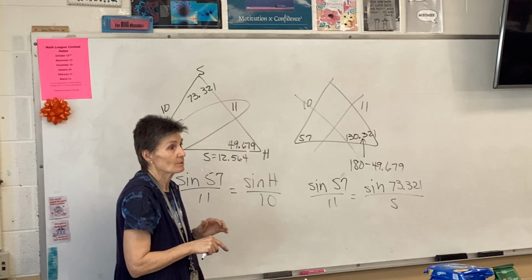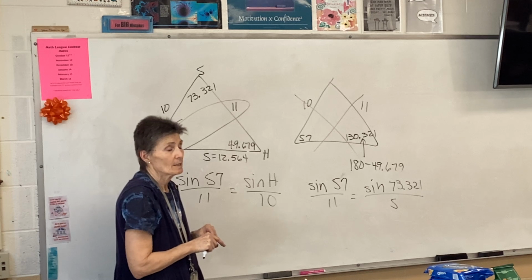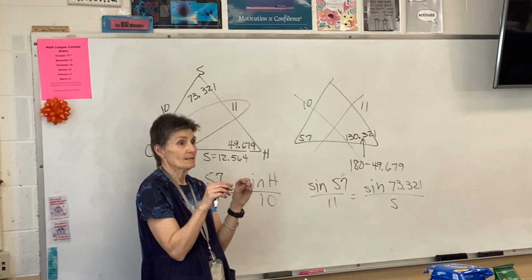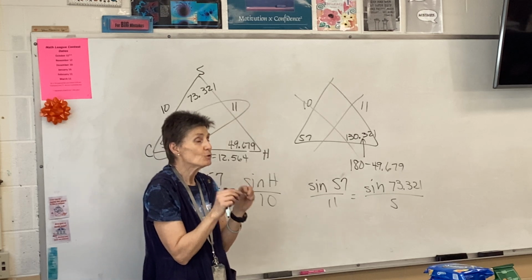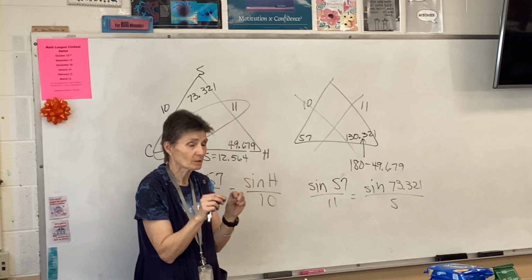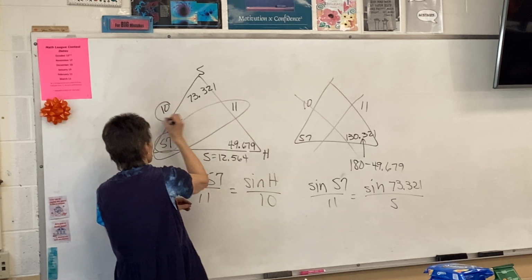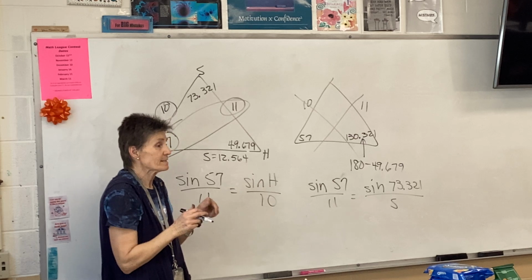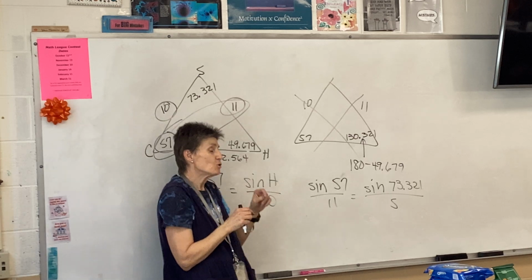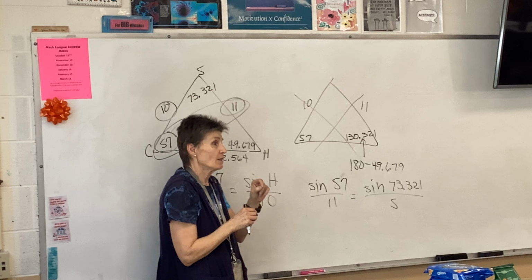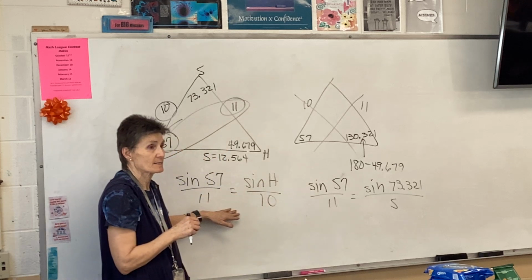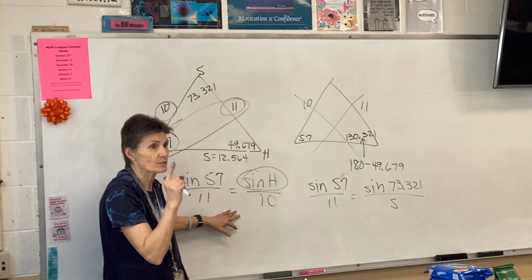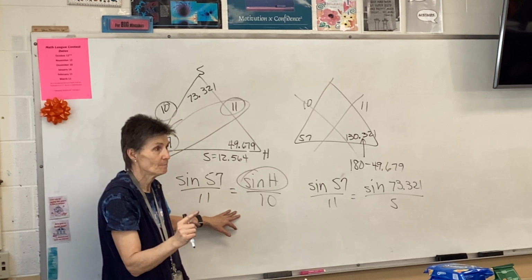Can I get a nod or a shake, one or the other? Yes. Okay, so the point of that problem, you guys, is you have to be on the lookout for this combination of information. I always tell students, if you are using the law of sines to find an angle in the first step of the problem, look out.